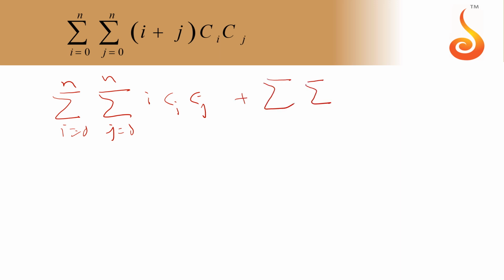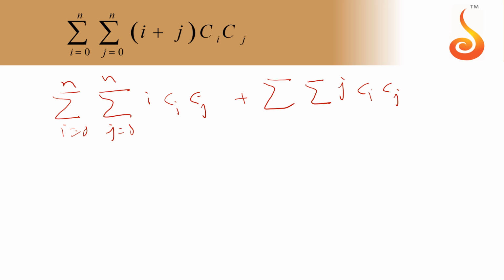So let us see this as an example, or how to expand this. I said it is independent. So can I write like this? Sigma i equal to 0 to n, sigma j equal to 0 to n, i into ci into cj, plus sigma sigma, I'm not writing i equal to 0, but please think that it is there, j into ci cj.